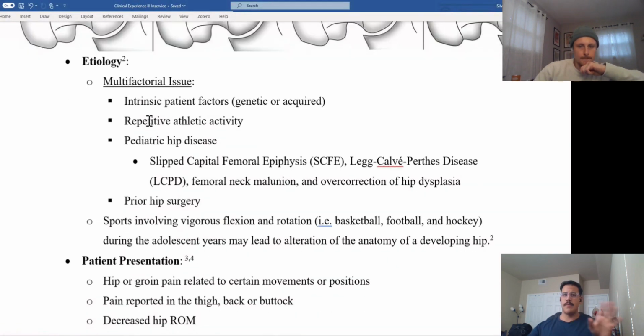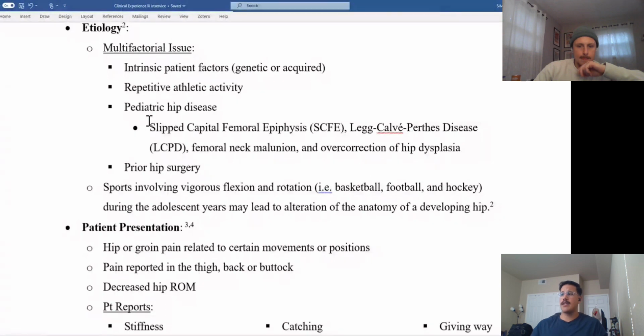So, some etiologies. I found a couple articles talking about it. The big thing is that FAI is a multifactorial issue and not a one-point centered issue. It's caused by a multitude of factors. Family history and intrinsic patient factors, like genetics, are obviously taken into account. If the family has known hip issues, this puts them more susceptible to obtaining this.